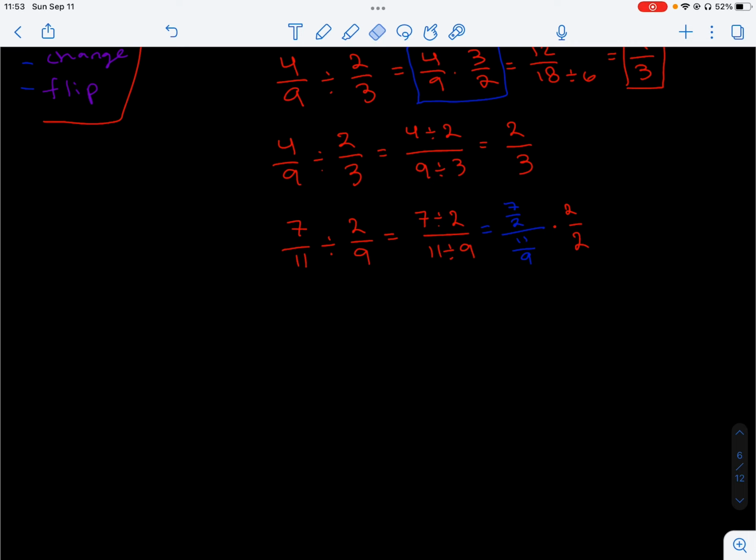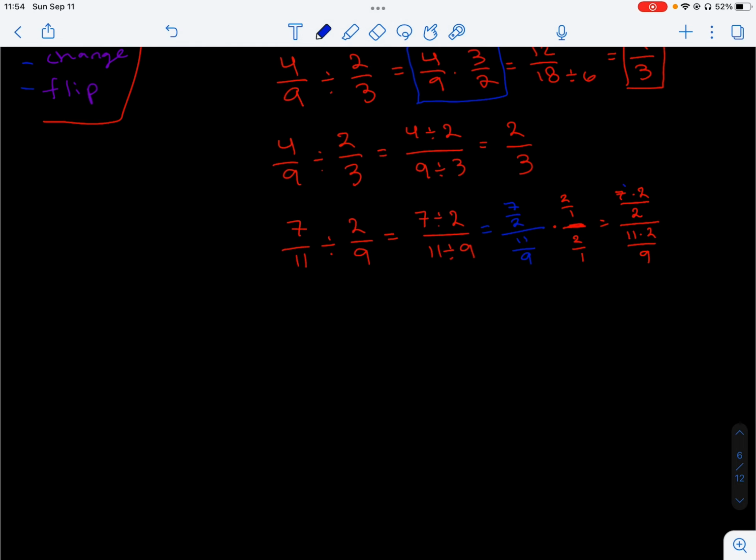Do note that 2 over 2 is the same thing as 2 over 1 over 2 over 1, because 2 over 1 is just 2. And we can multiply by a number over itself, because this is the same as just multiplying by 1, ultimately. If we do this, we have 7 times 2 over 2 times 1, which is just 2, over 11 times 2 over 9.